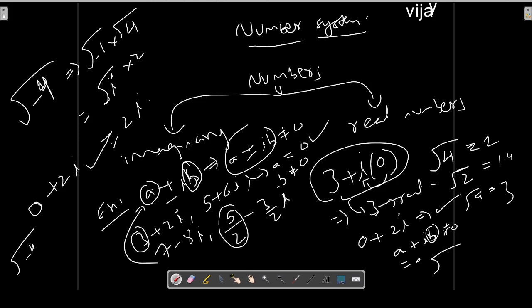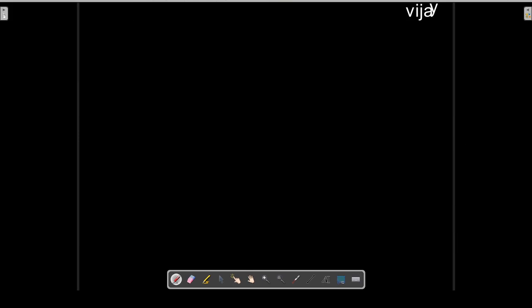Now let's talk about real numbers. In imaginary numbers, if b equals 0, then it will become a real number. If b equals 0 here, then it will become a.